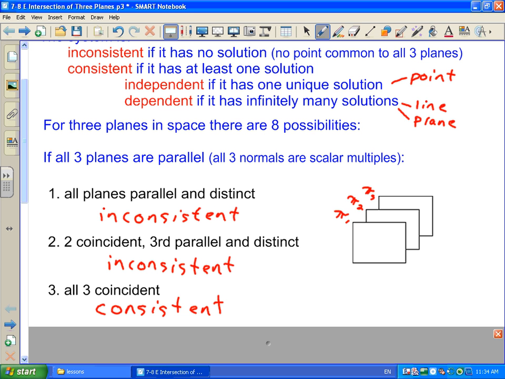Now, if it is consistent, is it independent or dependent? Well, are we going to have one solution or are we going to have infinite solutions? Well, if our intersection here is a plane, because the planes are all exactly the same, any point that is on any of these planes is going to be on the other two. So we're going to have an infinite number of solutions. So it is going to be dependent.